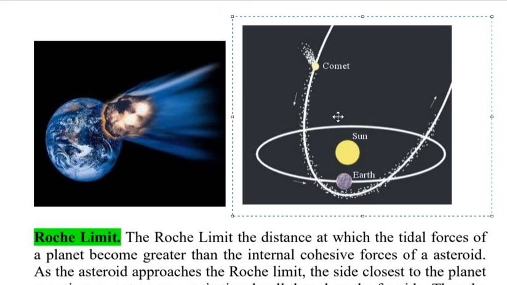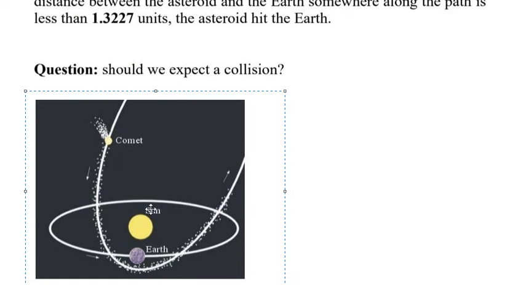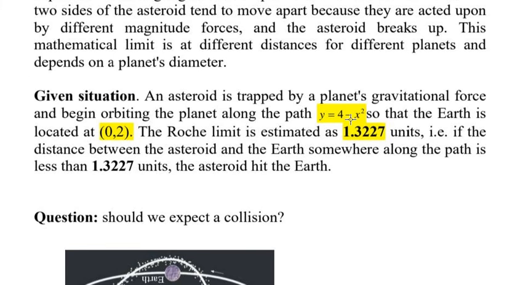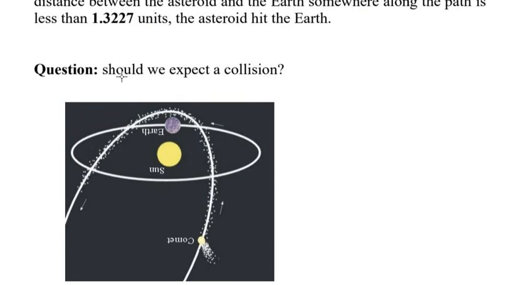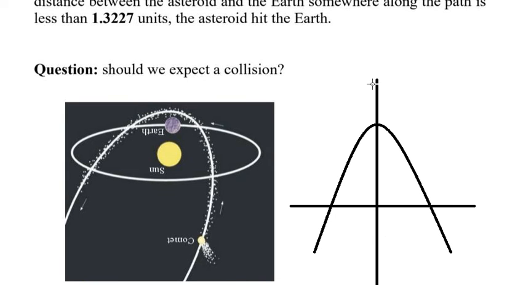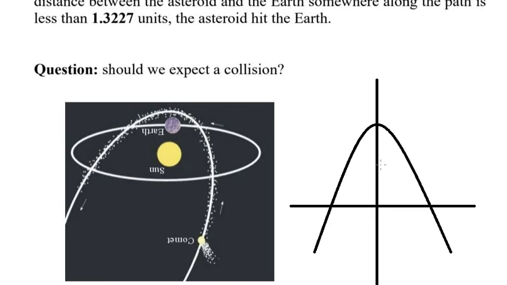Here is about the picture. If we look carefully, we can see that if we graph y equals 4 minus x squared, it should look like this. And the location of the Earth is about (0, 2), so that should be in here.